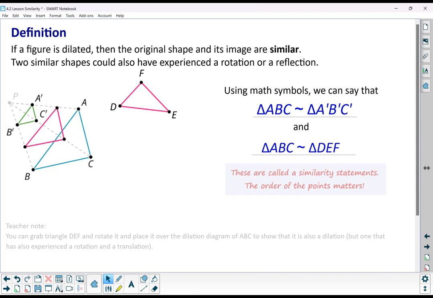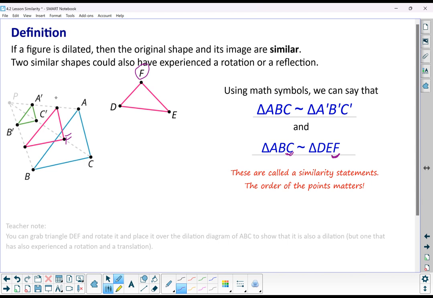These are called similarity statements, and the order that we put the points in matters. So I wouldn't want to say triangle FED, because we want to keep the corresponding points in the same order. Point F is right here, so that corresponds to point C. You can see that those letters both come last.